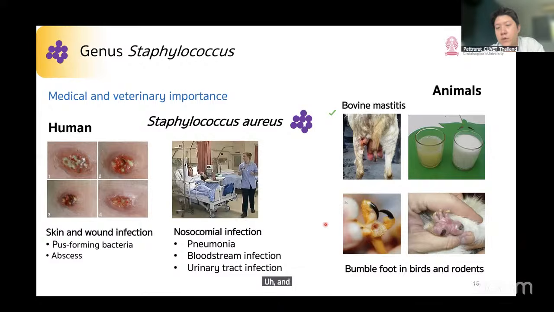And for animals that stand on the cage for a long time, this can induce chronic inflammation and cause subcutaneous abscesses. This is a form of bumblefoot, especially in birds and in rodents.